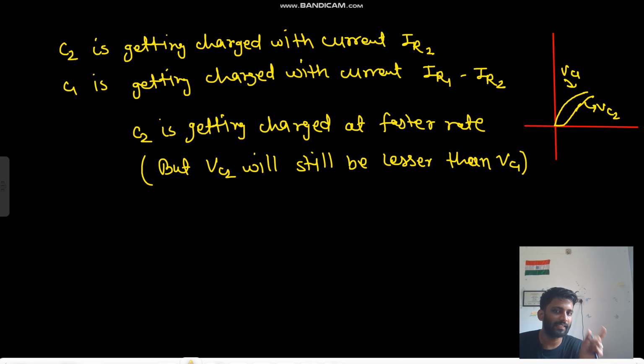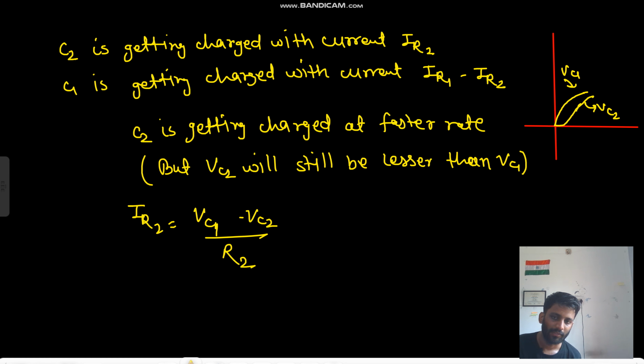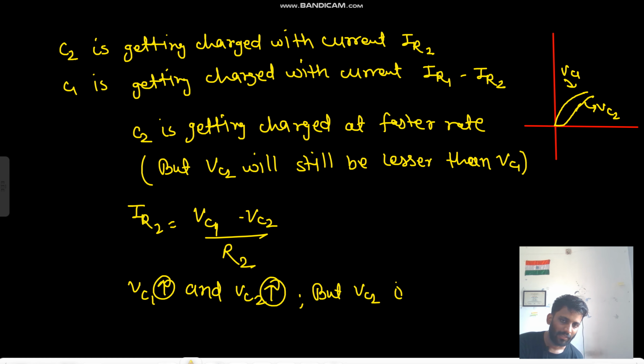So now C2 is getting charged at faster rate, but VC2 will still be lesser than VC1. Okay, and what is your IR2? IR2 is VC1 minus VC2 by R2. That means VC1 is also increasing and VC2 is also increasing, but VC2 is increasing at faster rate.